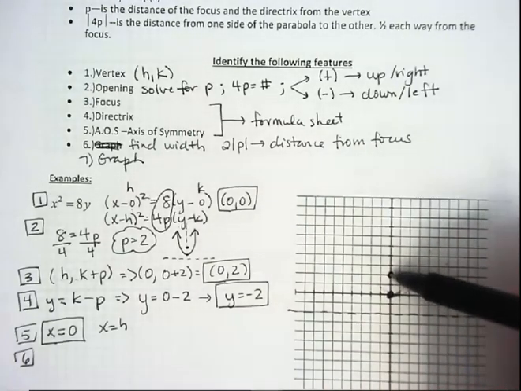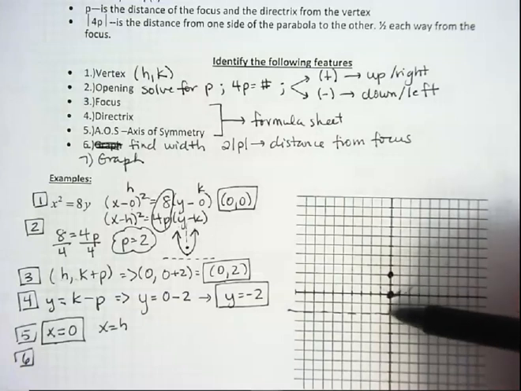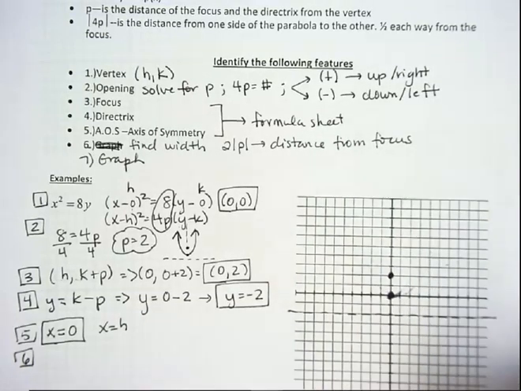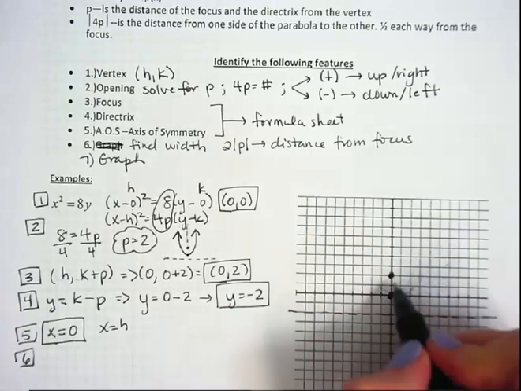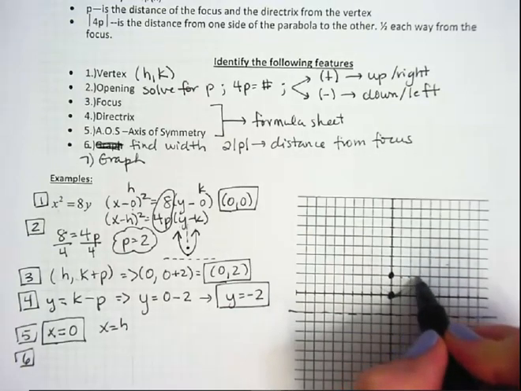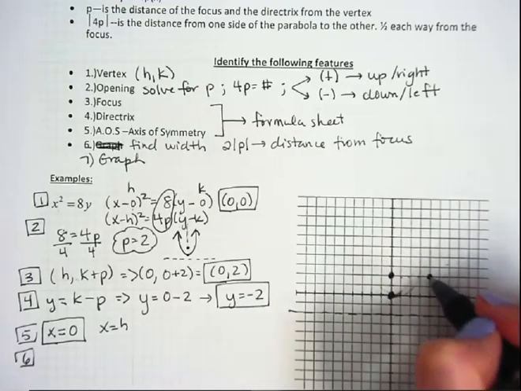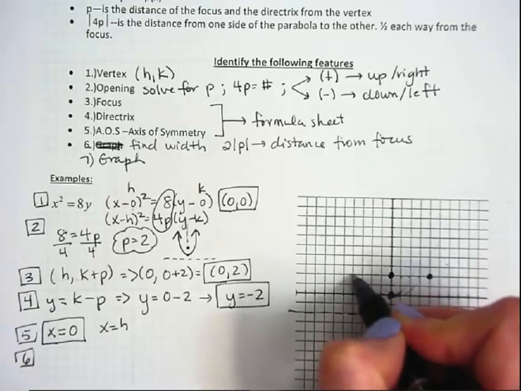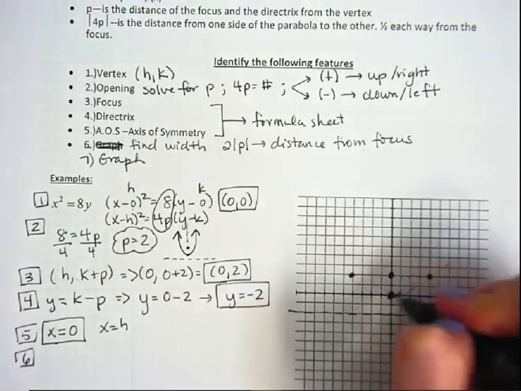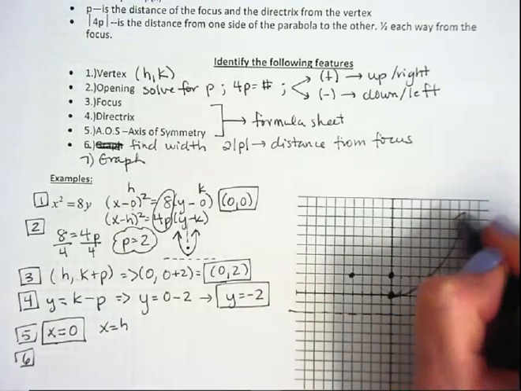So I went up 2 for my focus, down 2 for my directrix. If you double that value and count left and right from your focus, so 1, 2, 3, 4, so double my P is 4 that way and 4 this way. That is the width of our parabola.